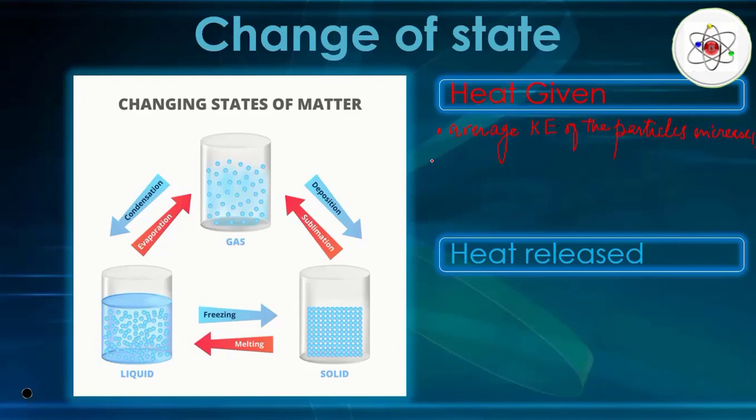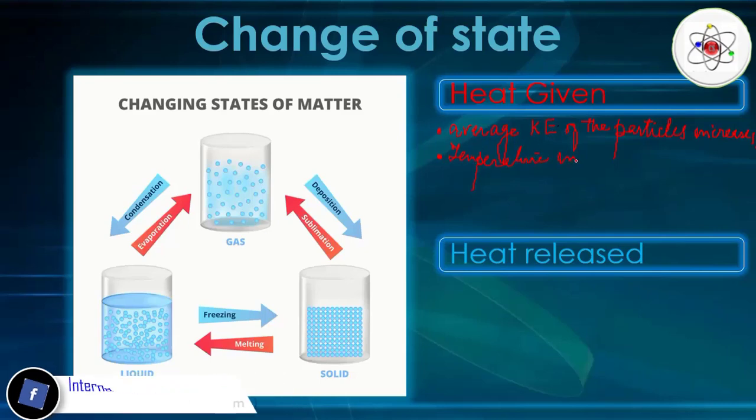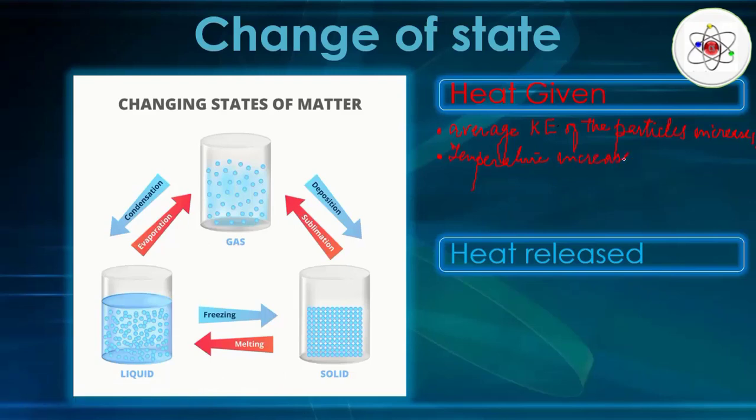Because average kinetic energy is nothing but the temperature, the temperature increases. When temperature increases, the particles, if they are vibrating, will vibrate more with greater speed, so we can say that particles move faster.